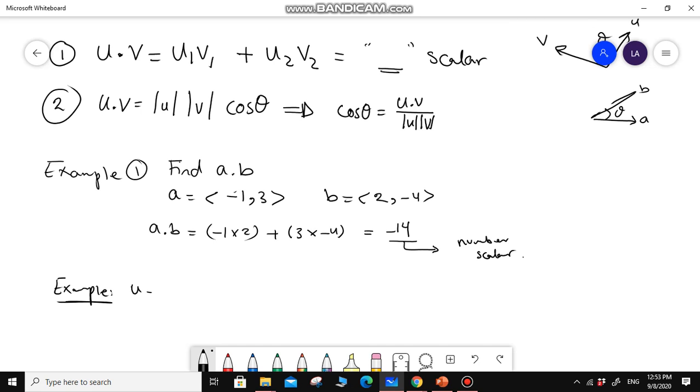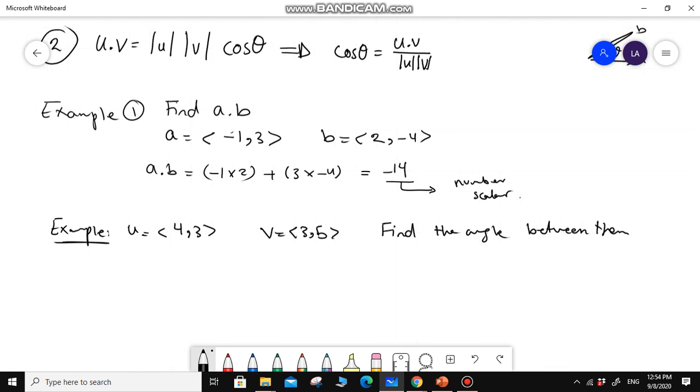If you want to fix your notes, u is equal to (4, 3) and v is equal to (3, 5). And I want you to find the angle between them. Okay, so to find the angle, I want to use formula number 2.